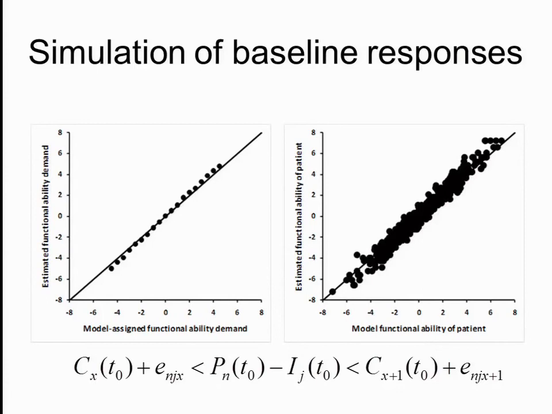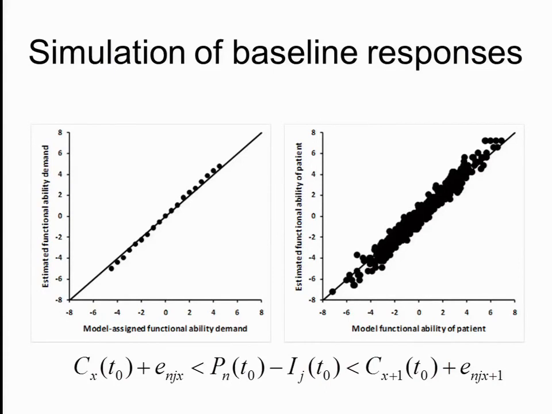We plug in the person measure, plug in the item measure, take the difference, take the category thresholds, add a random draw from this normal distribution of category errors, and add them to the category thresholds, and then ask, is it greater than 1, 2, 3, and so on, and we define a response for that person judging that item in the computer.